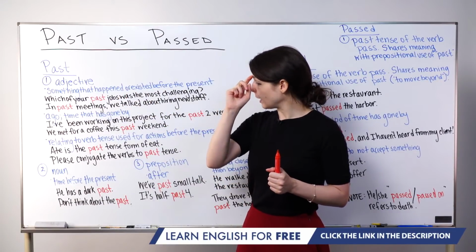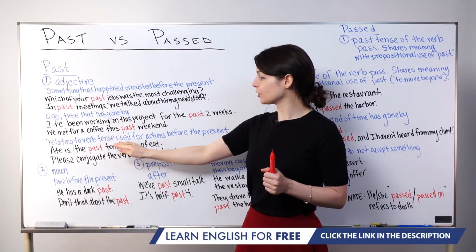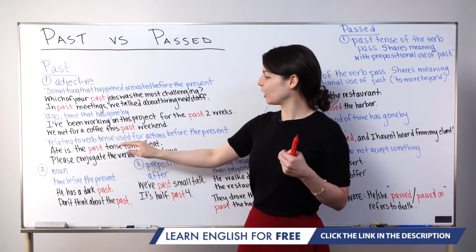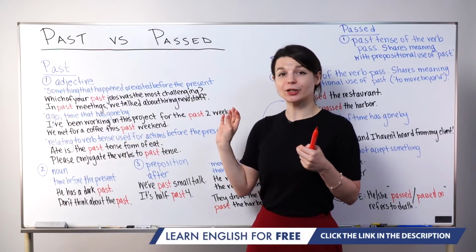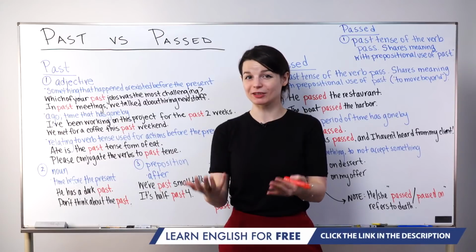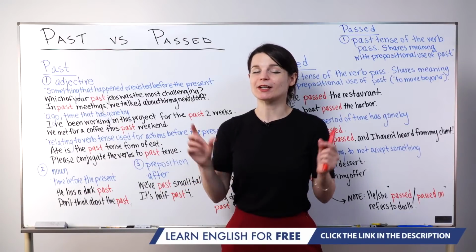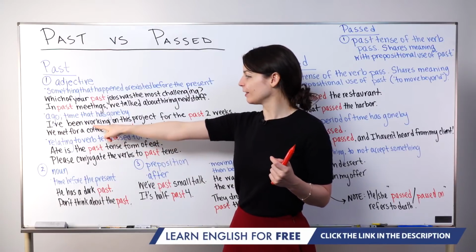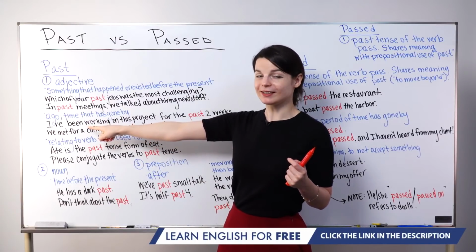So we use past when it's relating to verb tense. When we want to talk about actions before the present and we're explaining it in terms of language, we use the expression past tense.